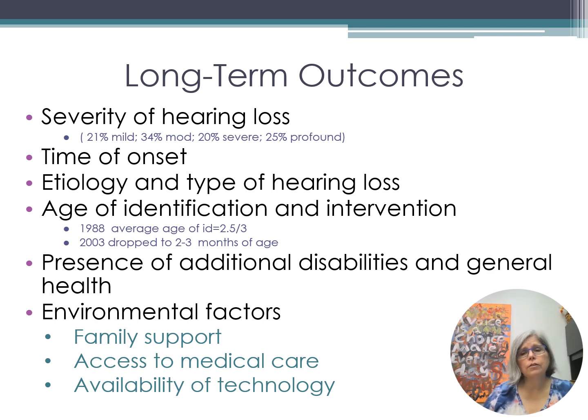Age of identification and intervention. Over the years, we have gotten much, much more consistent about screening newborns. So now every state requires hearing screenings for newborns. The average age of identification of hearing loss in children has gone from 2.5 to 3 years of age down to 2 to 3 months of age.